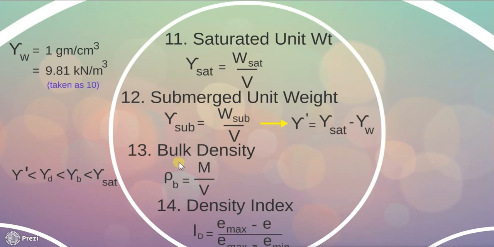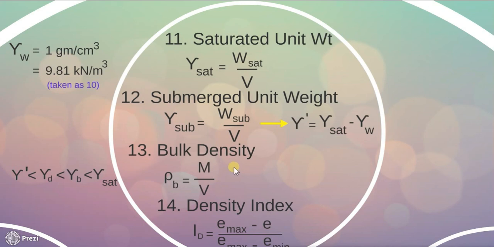Bulk density is defined as the total mass upon total volume. It can be written as rho, and in suffix B for bulk, or it can also be written as only rho. Unit for this will be kg per meter cube, as this is mass, or gram per centimeter cube.